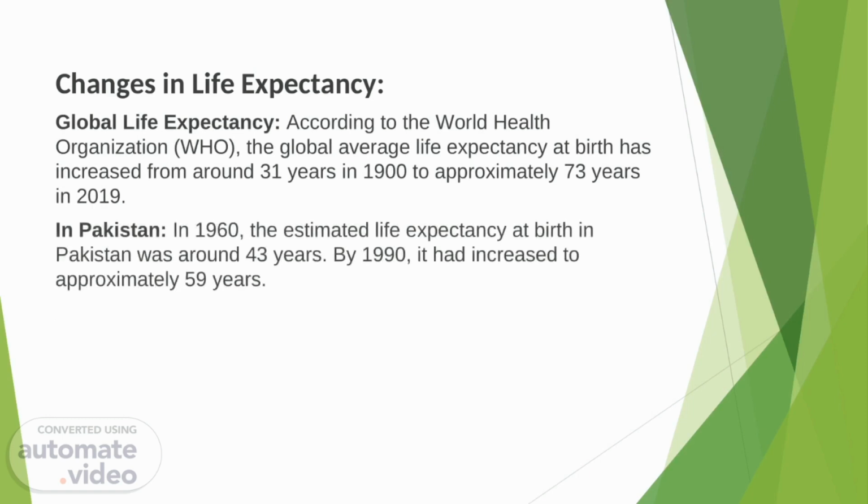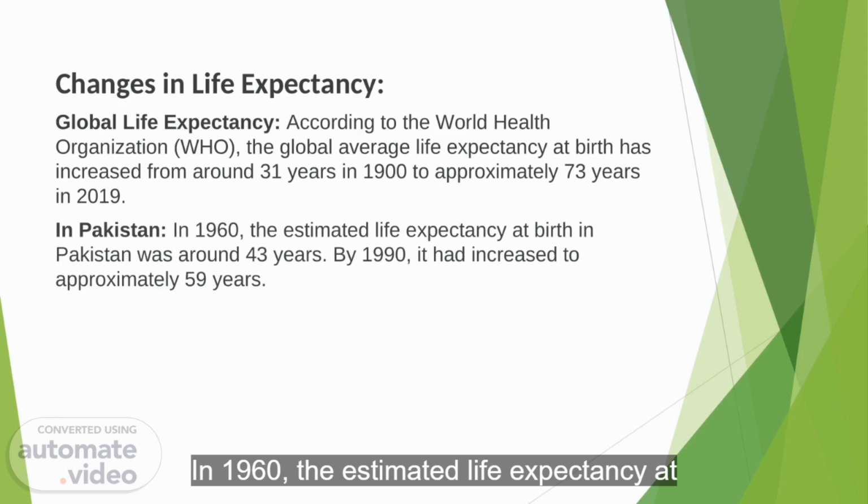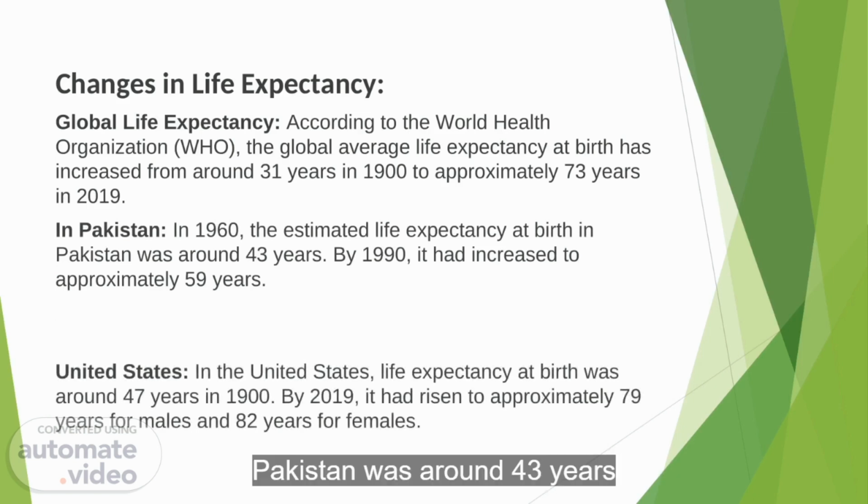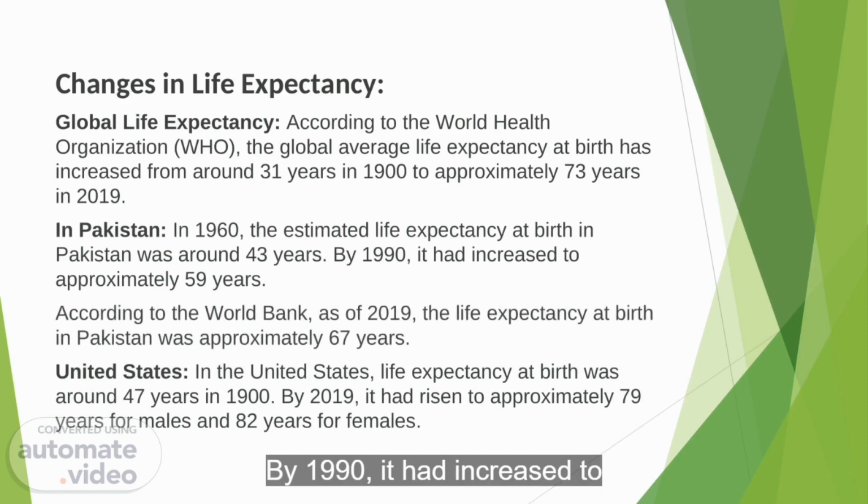In Pakistan, in 1960, the estimated life expectancy at birth was around 43 years. By 1990, it had increased to approximately 59 years. According to the World Bank, as of 2019, the life expectancy at birth in Pakistan was approximately 67 years.